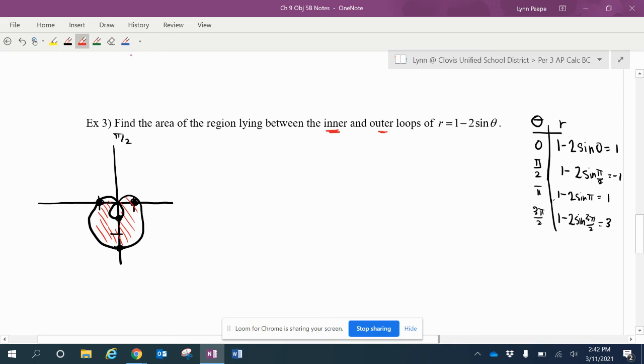Okay, so we need to find those radial lines again. So we're going to look for these 2 lines right here, right? And so that would be when the radius is equal to 0. So that's going to be my first step, is figure out when does it go through the pole. So I'm going to take the radius and set it equal to 0.